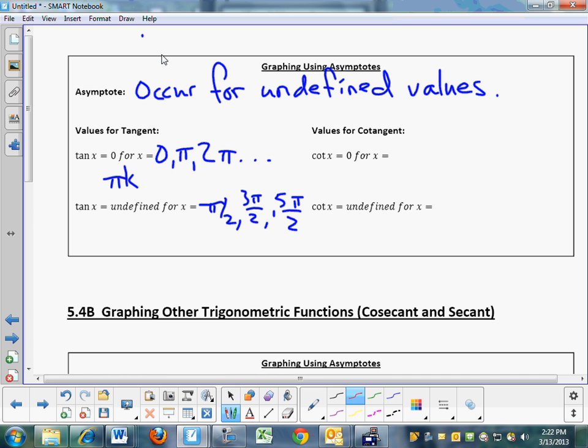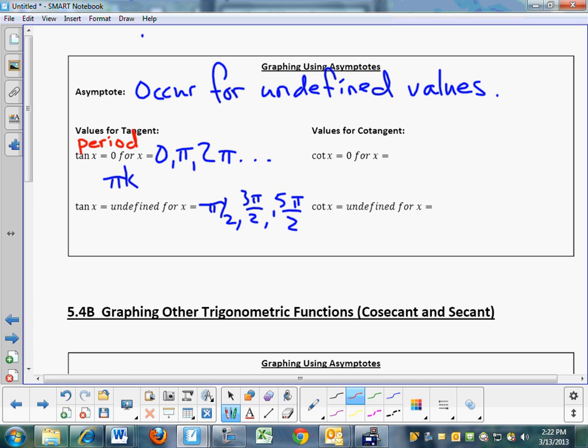So this is the most important part of the day. What I write here, here, here, and here. Tangent is equal to 0 at the period. So when we mark out the period on our graph, we know that that's where it goes through the x-axis.